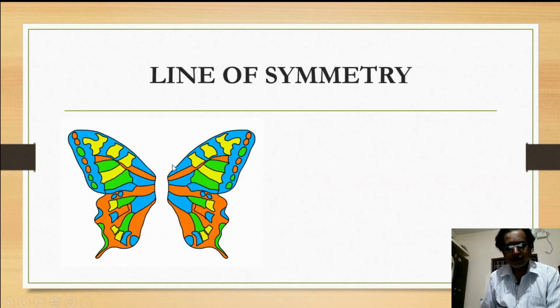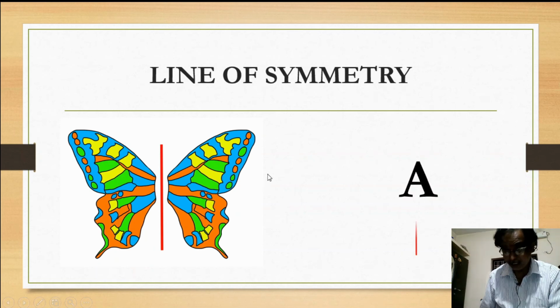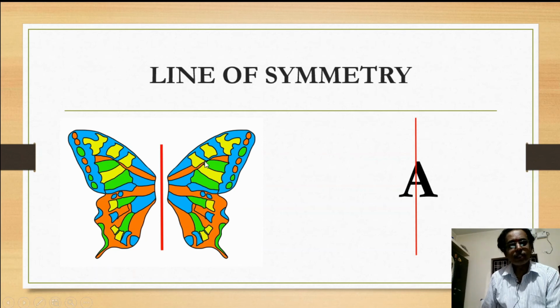I am taking a butterfly figure and it has one line of symmetry. It divides this figure into exactly two halves. And the letter A also: if you draw a line, it divides A into exactly two halves. So that's why A has only one line of symmetry, and this butterfly figure has one line of symmetry.